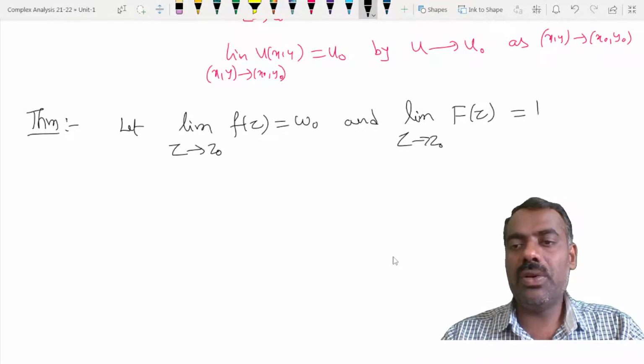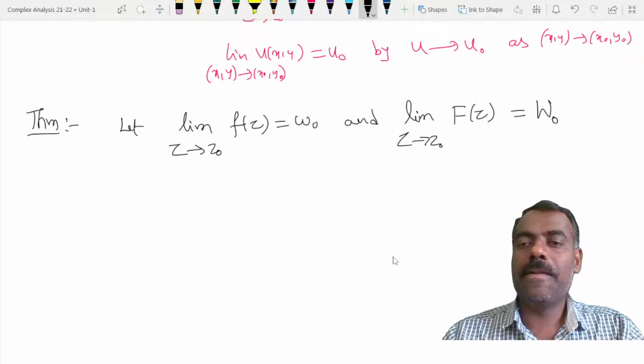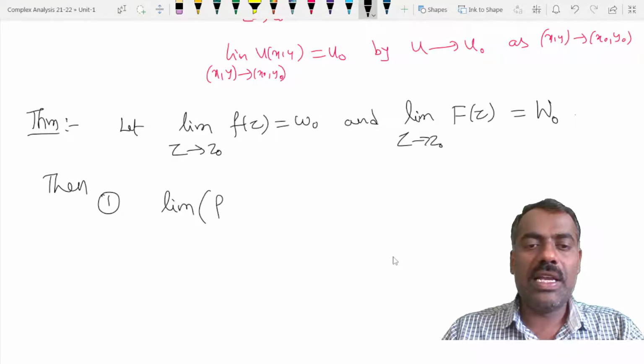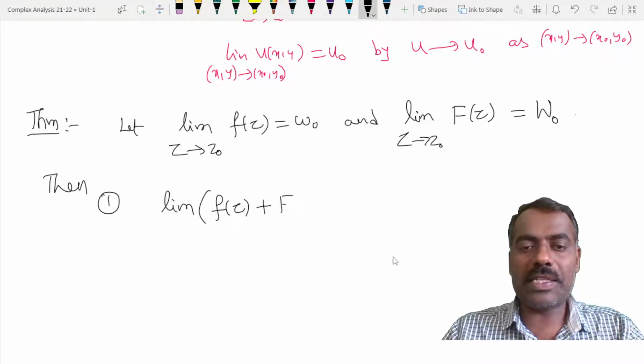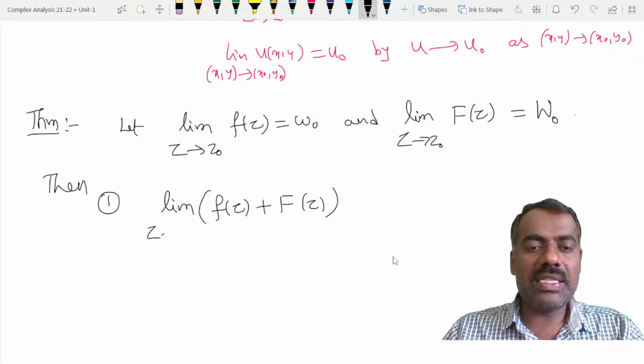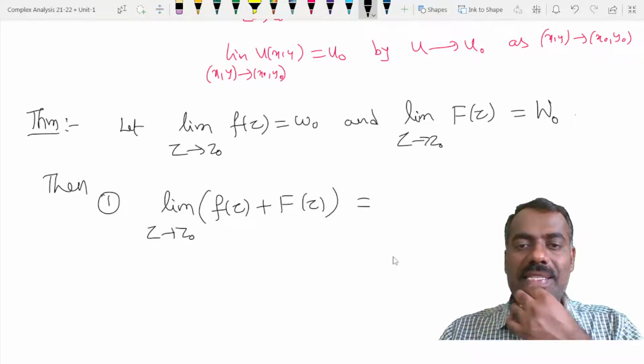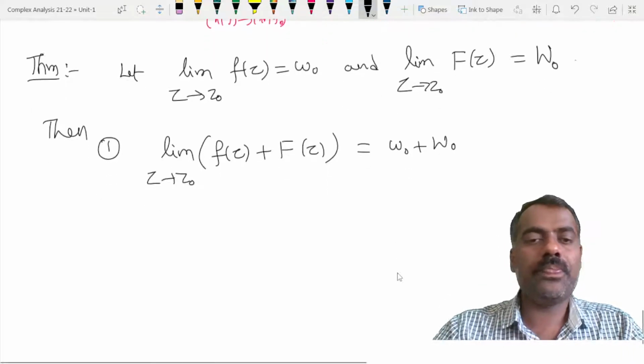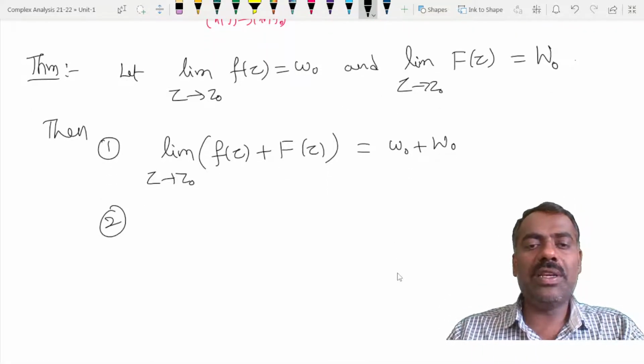Its limit is equal to capital W naught. Then what we will have is the sum of these two. That means the limit of f of z plus capital F of z as z tends to z naught is the same as w naught plus capital W naught. That means the limit of the sum of the functions is the sum of the limits.